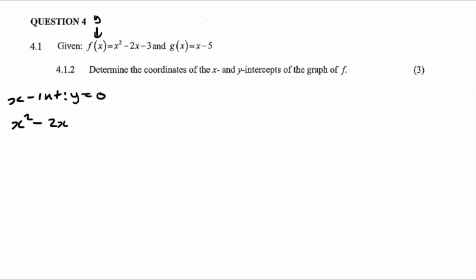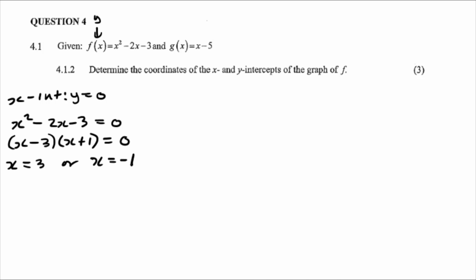We factorize, and that is x minus 3 and x plus 1 is equal to 0. Then x is equal to 3, or x is equal to negative 1. So we've found our x-intercepts, and if we write them down as coordinates, we'll have 3 and 0, and then negative 1 and 0.